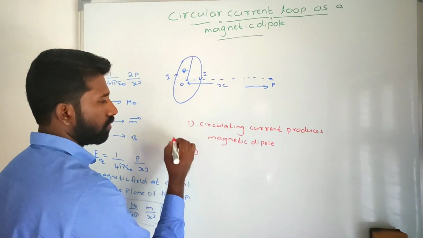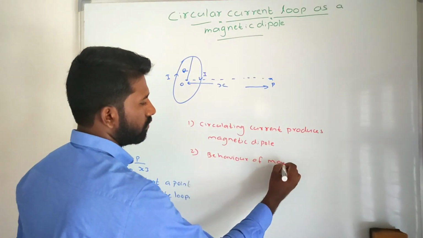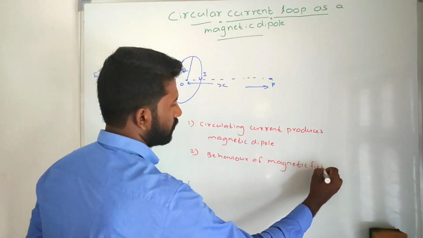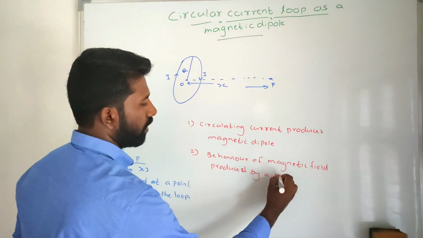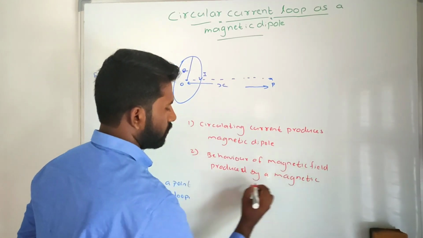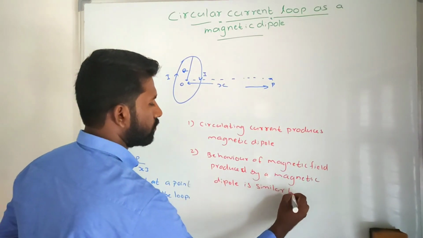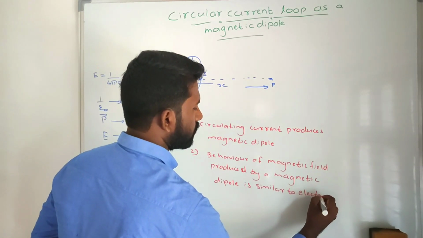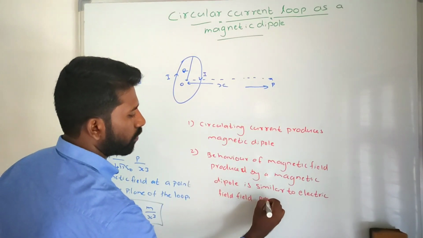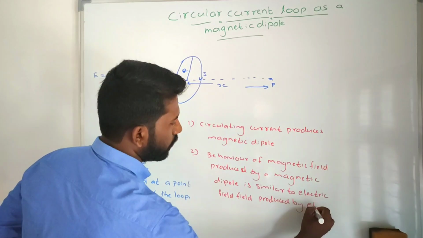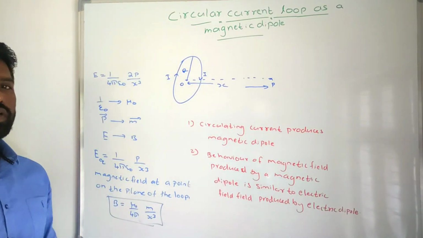And the other conclusion is that the behavior of the magnetic field produced by a magnetic dipole is similar to the electric field produced by an electric dipole.